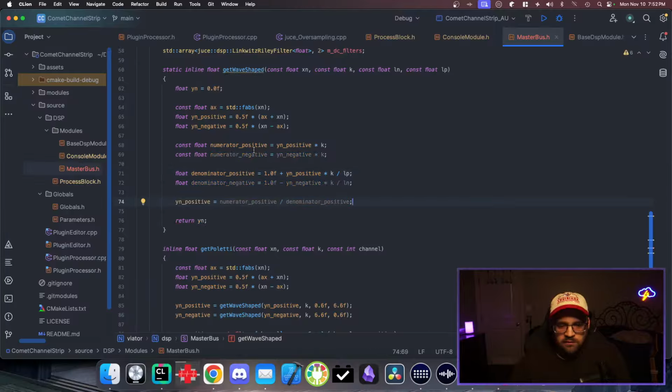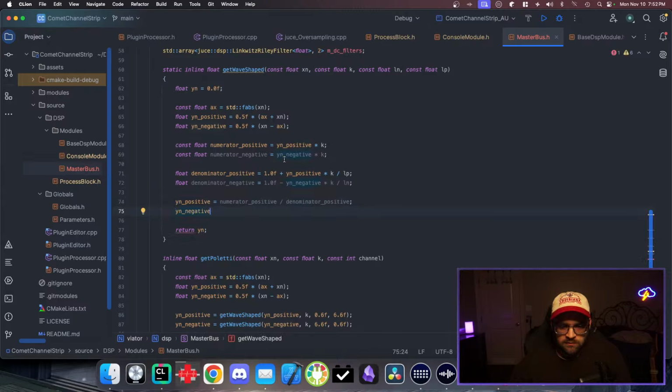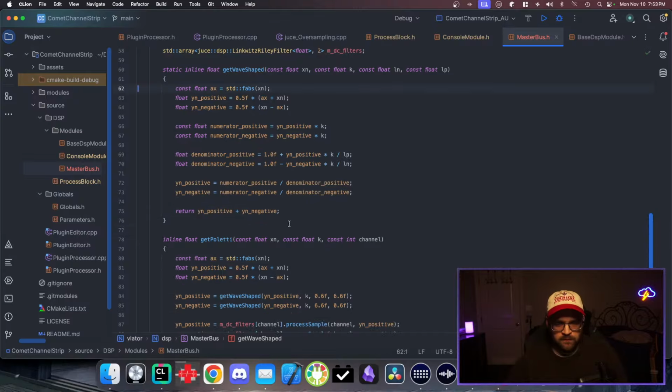And then we're going to do negative equal to numerator negative divided by denominator negative. And then we're just going to return y positive plus y negative. And I guess we don't need this y in.